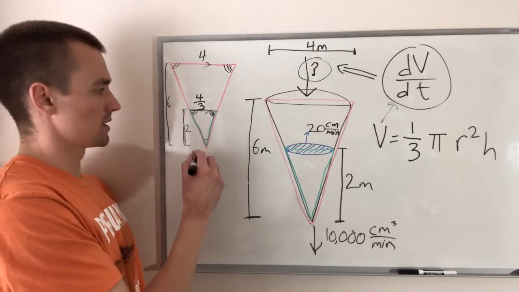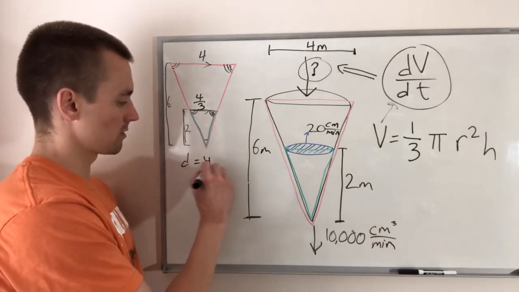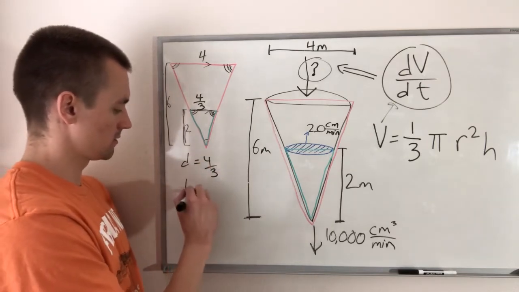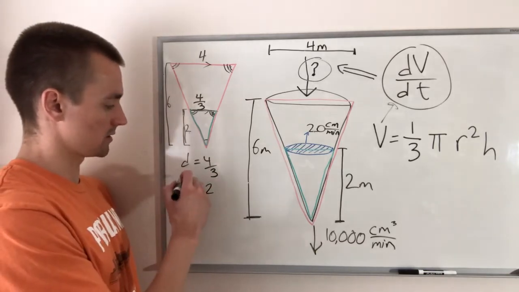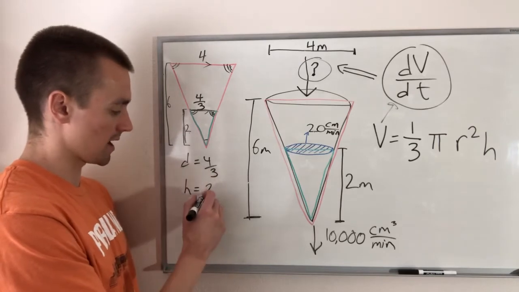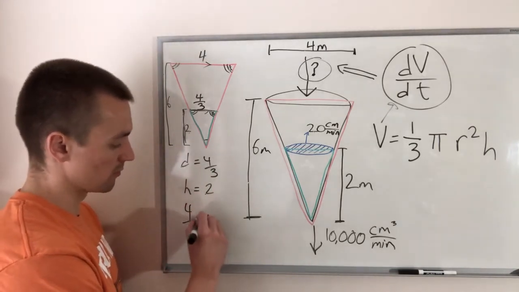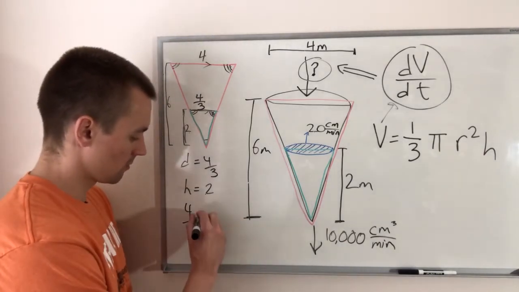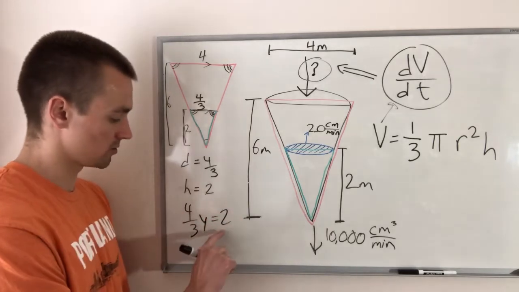When the diameter is 4/3, the height is 2. What we want to think about is what we multiply the diameter by to get to the height. So if we have our diameter, 4/3, we multiply it by some number, we'll call it y, and that'll give us our height of 2.